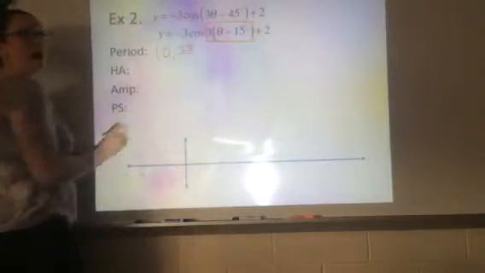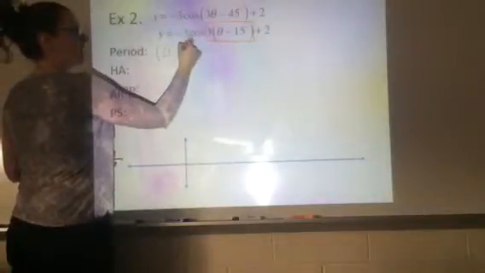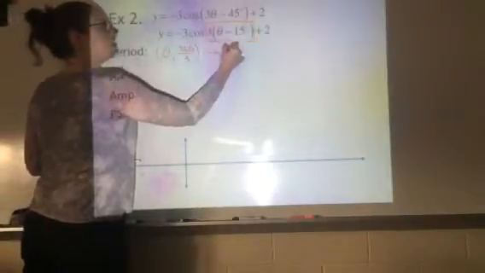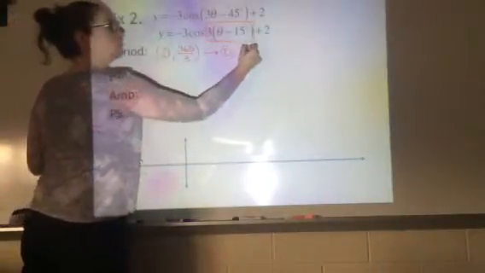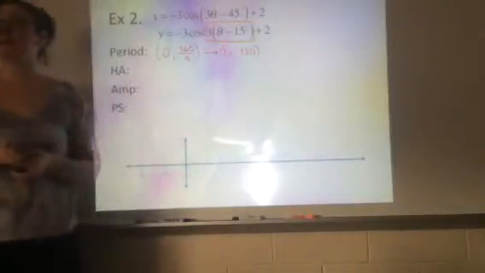But instead of 2 pi, what do I need to use? 360. So that's actually looking a lot better for some of you. 360 divided by 3 becomes 0 to 120. I like that number, 120.